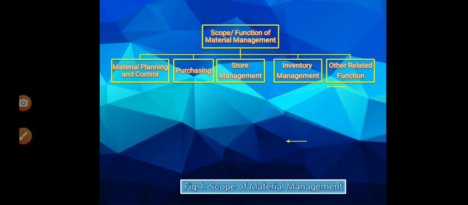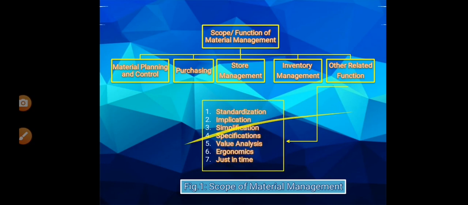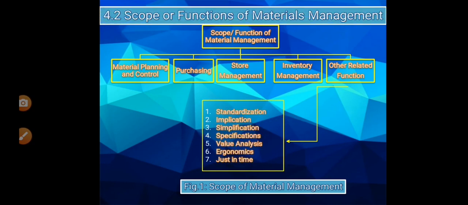So, next is the scope or function of material management. These are material planning and control, purchasing, store management, inventory management, and other related functions. I won't discuss it further since it will be thoroughly discussed by my group members.